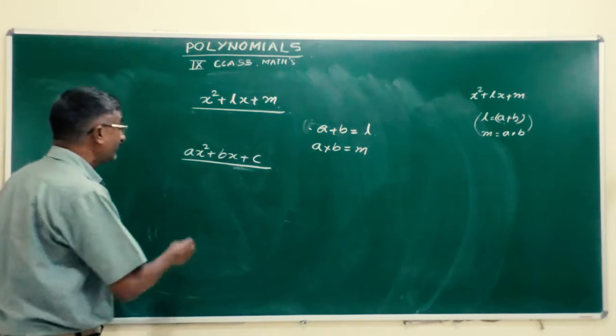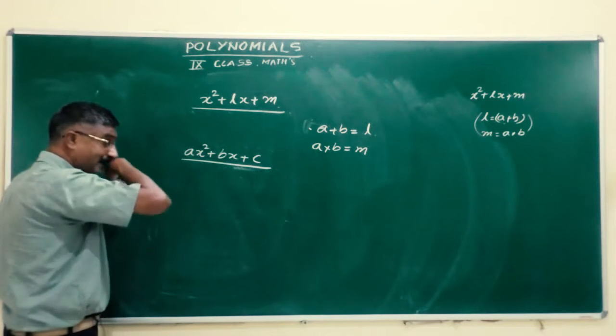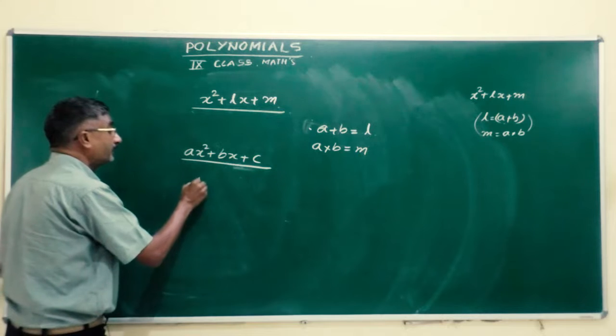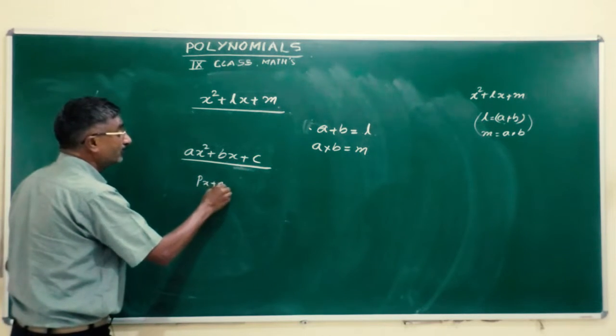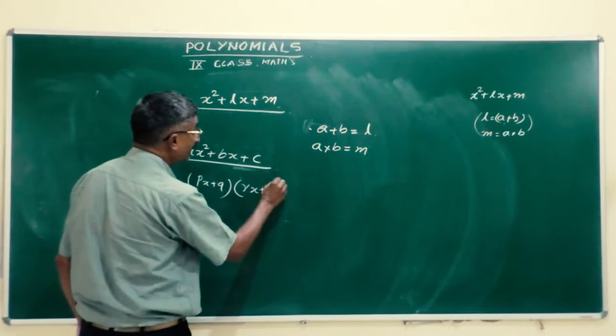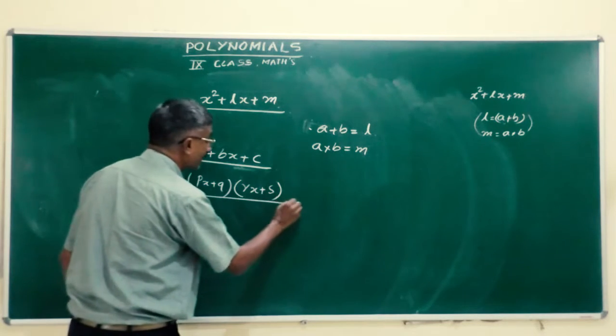And for example, if we take the factored value, px plus q into rx plus s are the factors.